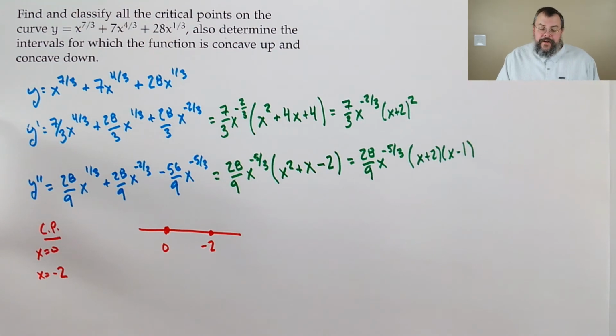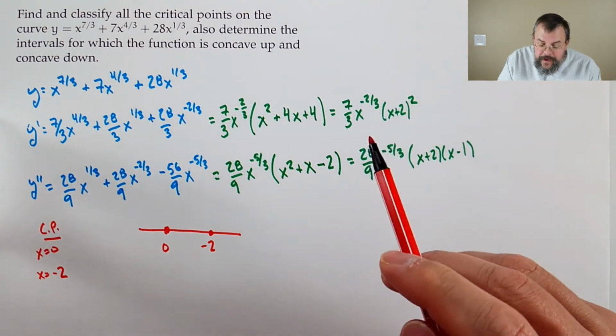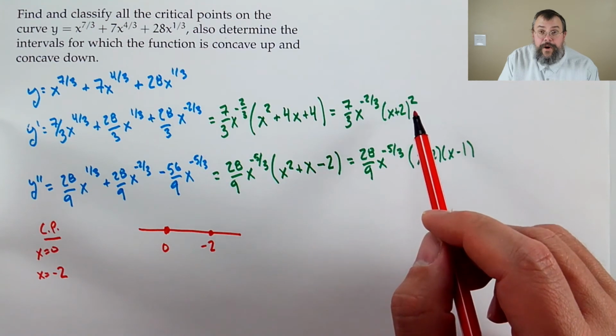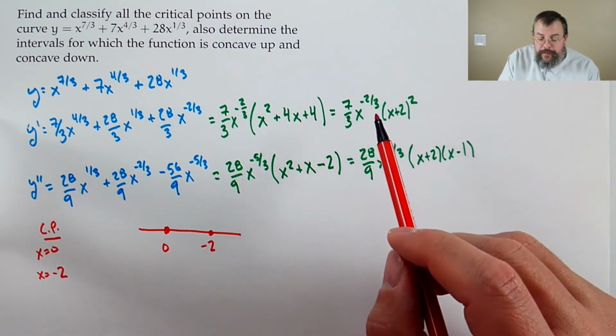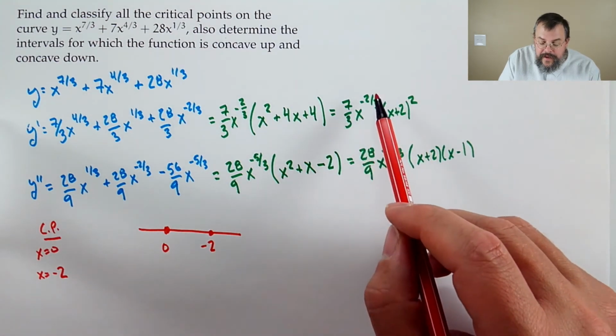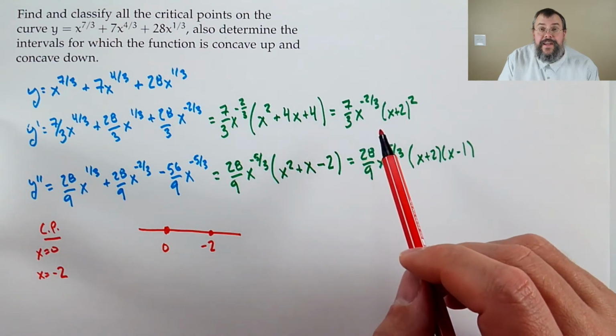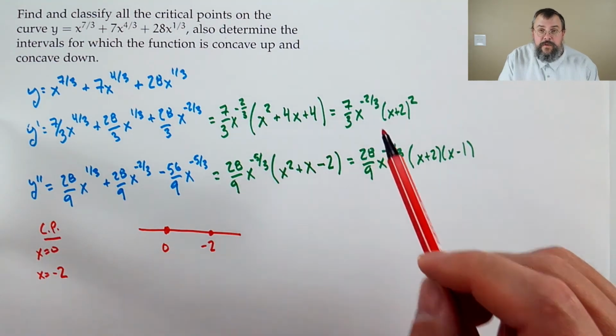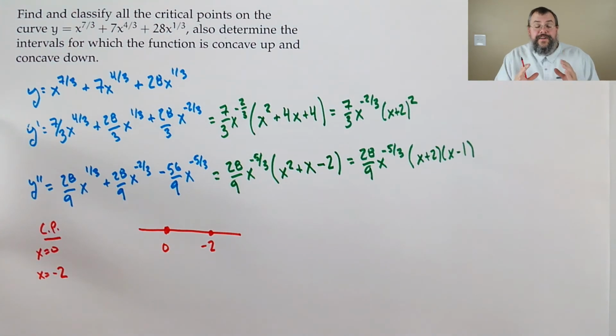Now this is going to be really, really easy to apply our first derivative test. Why? Look closely. What do you notice? You have something squared. That's always going to be positive. But this x to the minus 2/3 is also a square. You can think of it as x to the minus 1/3 quantity squared.